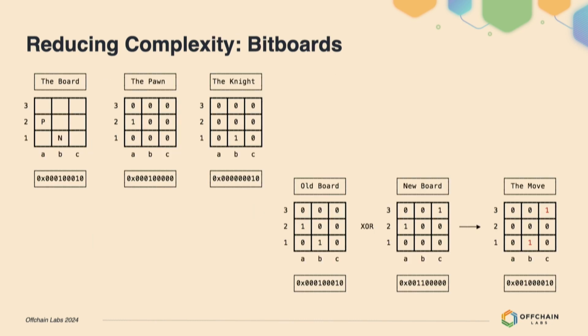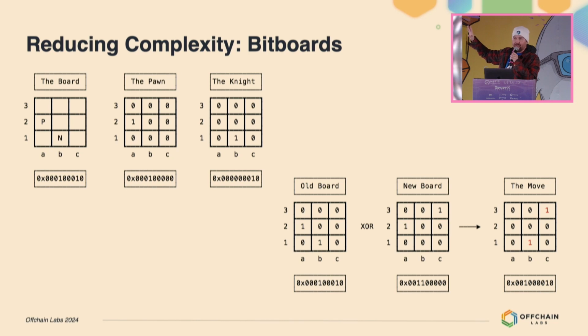So one approach that a lot of developers figured out a long time ago about chess, if you want to make an efficient computation, is something called bitboards, but even with this, it's difficult to do in Solidity. Essentially, this is a simple 3 by 3 example to give you a high-level overview of what's going on under the hood to make this computation more efficient, rather than iterating through a list of pieces and checking each individual possible move.